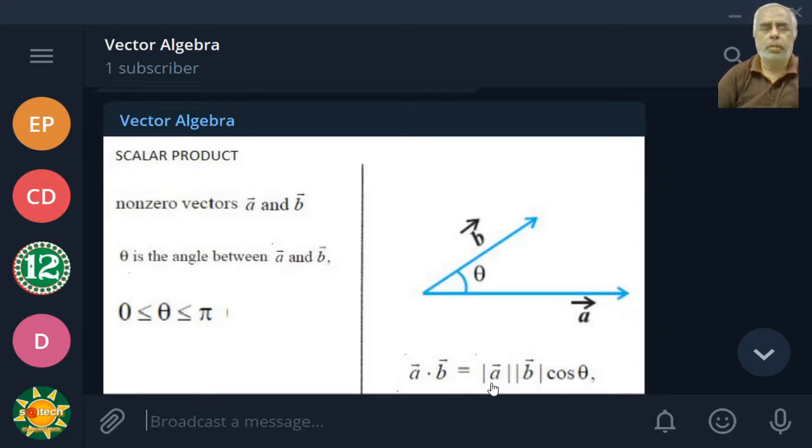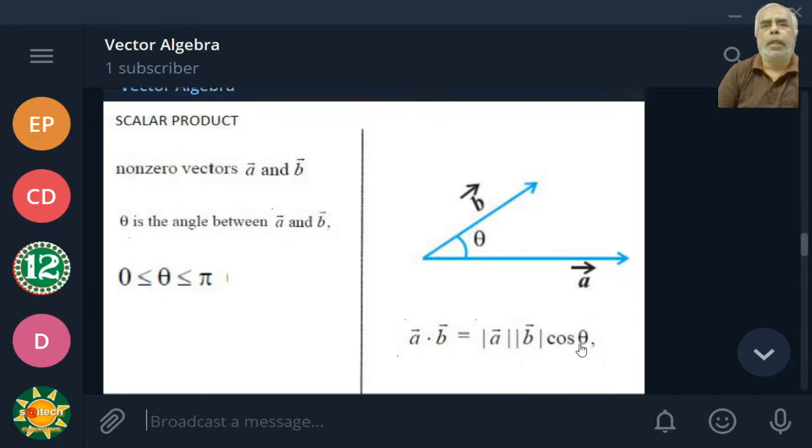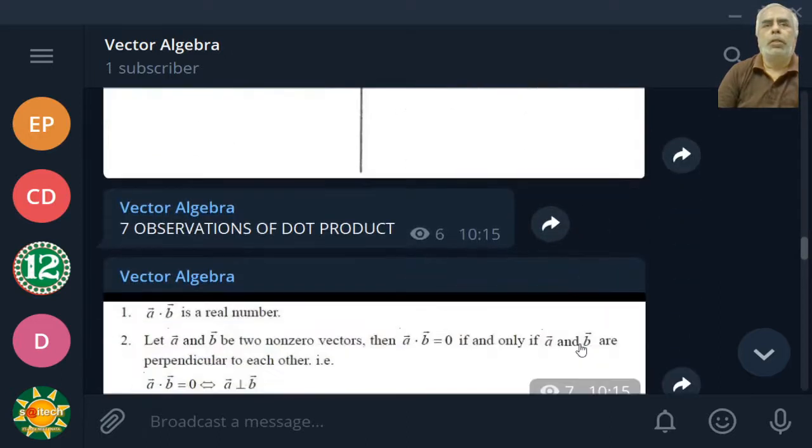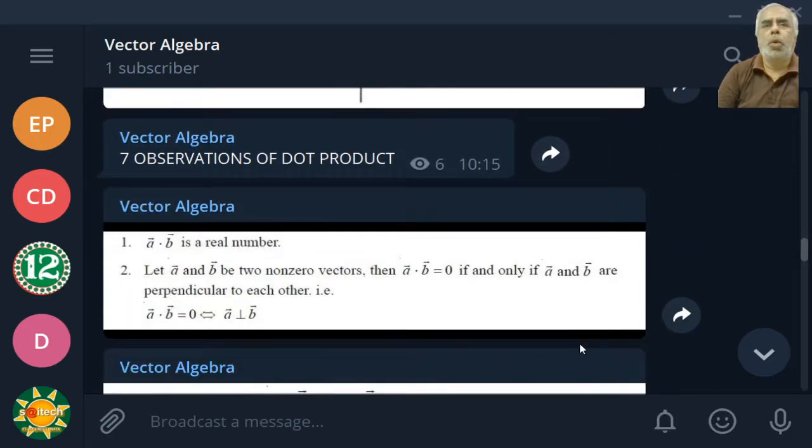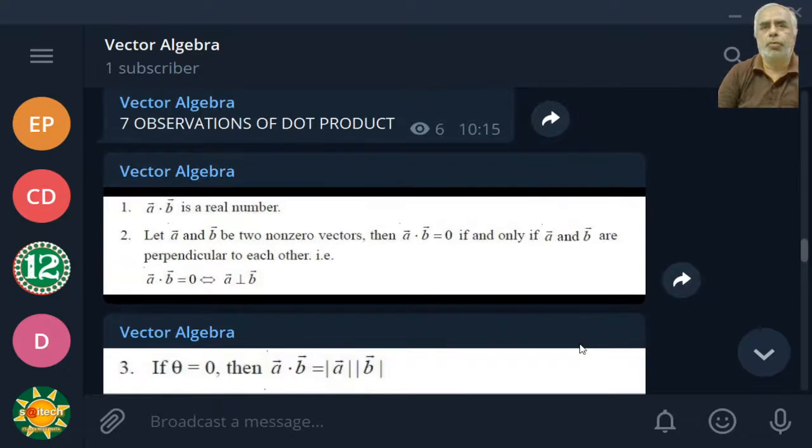Similarly, modulus of B is the magnitude of vector B. And then there are 7 important observations of the dot product. First of all, vector A dot vector B is a real number. It is not imaginary. The result of the product is a real number.